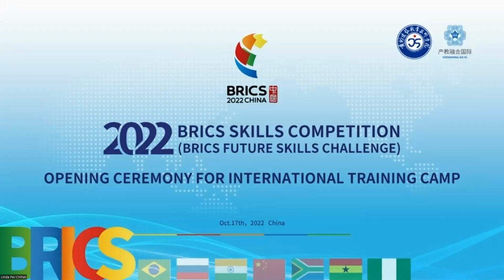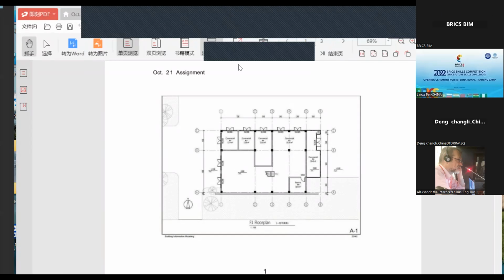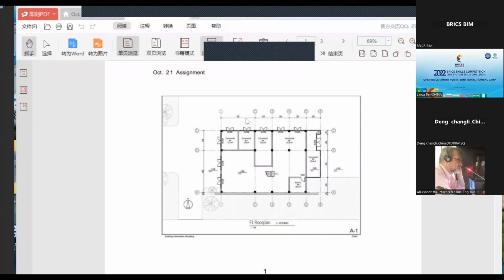Let me see whether I can share my screen. Sure, I can do that. I'll share the screen and go through the assignment with you. So the format, I think you can see my screen, right? So the format is same as yesterday's assignment.